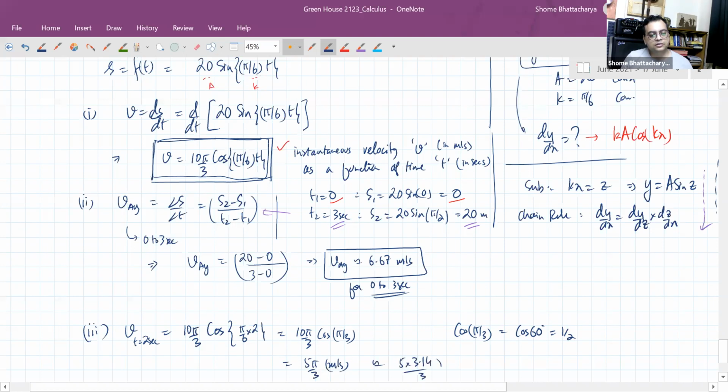Taking pi as 3.14 divided by 3, it will become very close to 5.2-ish meters per second.